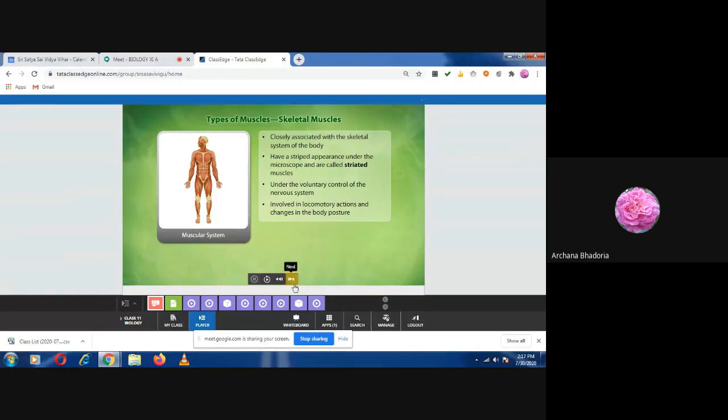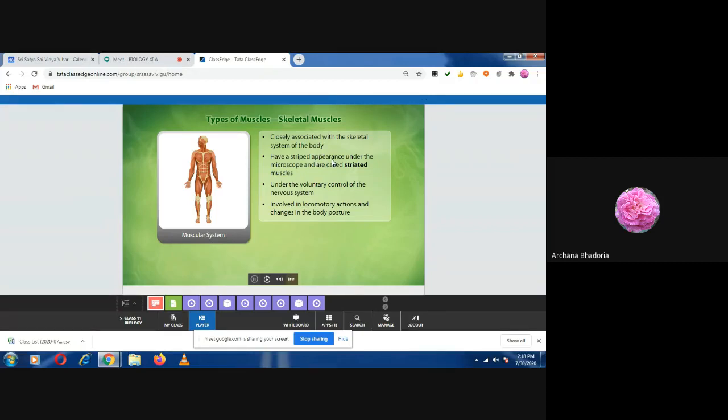In this chapter, you have to understand one type of muscle fiber, that is skeletal muscle. Skeletal muscle is associated with the skeletal system of the body. Since these muscles are attached to the bones and cartilages, when they contract, they move the bones and cartilages.